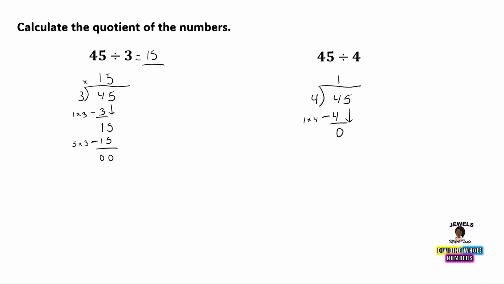We're going to bring down our 5. 4 will divide into 5 once. When 1 is multiplied by 4, we get the product of 4. And 5 minus 4 gives us a difference of 1. So our quotient for 45 divided by 4 is equal to 11, remainder 1.